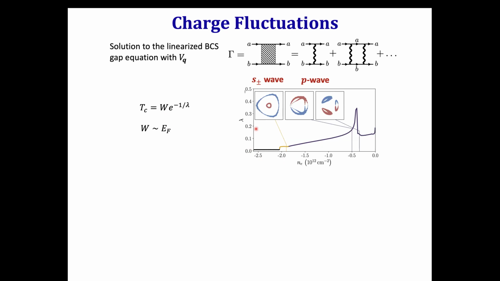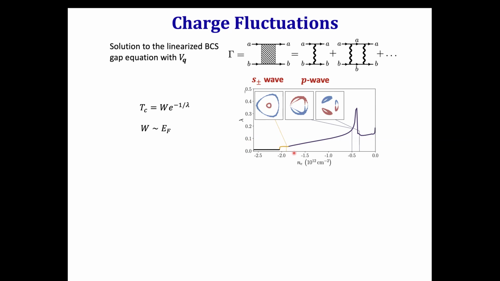Okay, so it does something interesting. So you see that out here, when the hole density is large, this is where you have a singly connected Fermi surface. Lambda is very, very small. So TC is exponentially small, so it's essentially zero. Something happens when you nucleate this inner pocket. Okay, so lambda jumps.